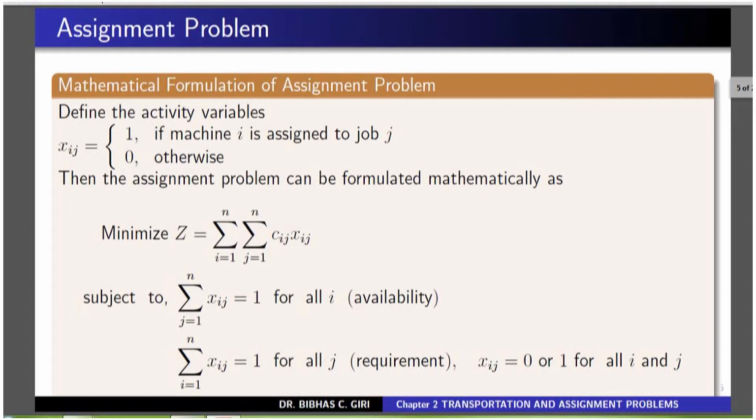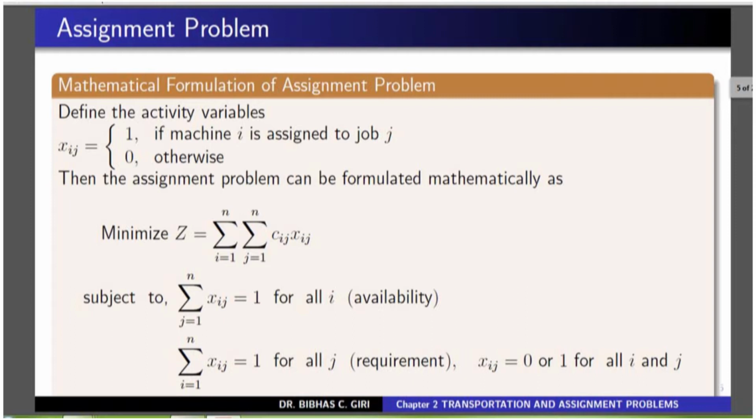And also we have to satisfy some constraints, say sigma Xij, j equal to 1 up to n, equal to 1. This is called the availability constraint, and this constraint is satisfied for all i. Another constraint is sigma Xij, i varies from 1 up to n, equal to 1 for all j.